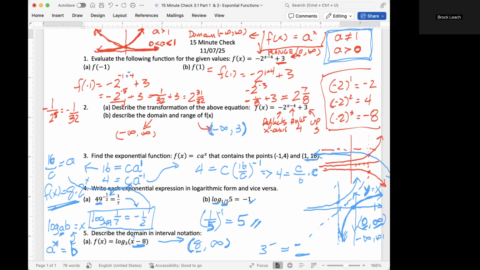Like if we plugged in from 8, not including 8, and all of those numbers, what kind of Y value outcomes are we going to see? Does anyone have a guess as to what the range is for this particular log function?